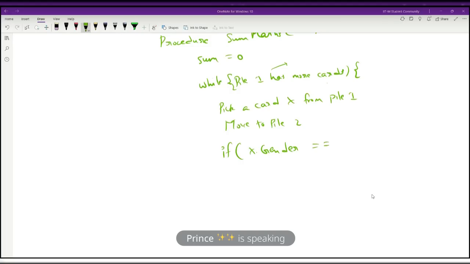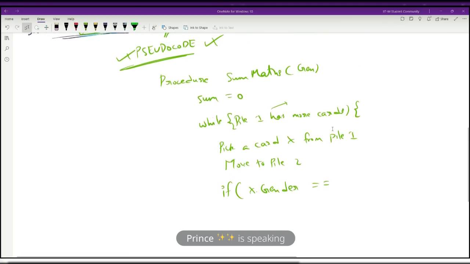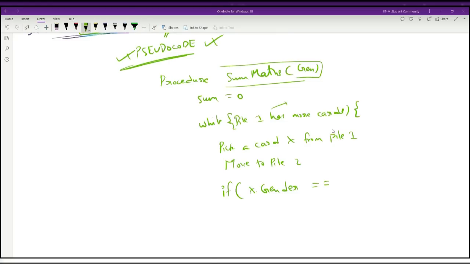But see, in the very beginning of this procedure, we had only mentioned gen. What can we write here then? We should maintain the same thing here as well, which is gen. Here the gen stands for either male or female. It depends on what result we want to find out.